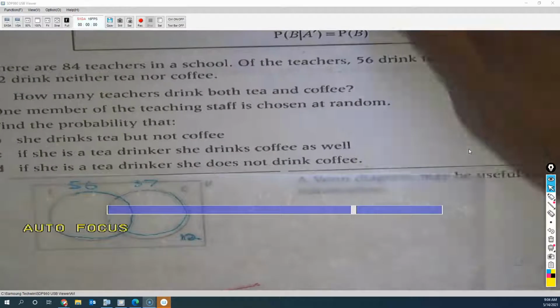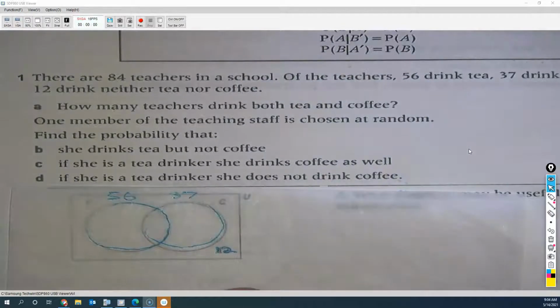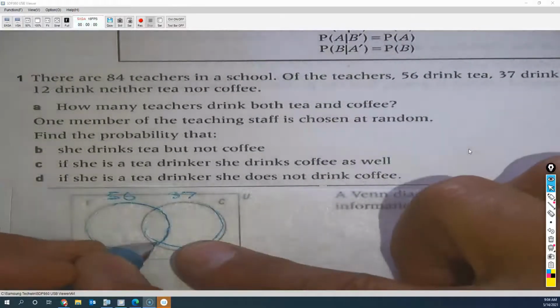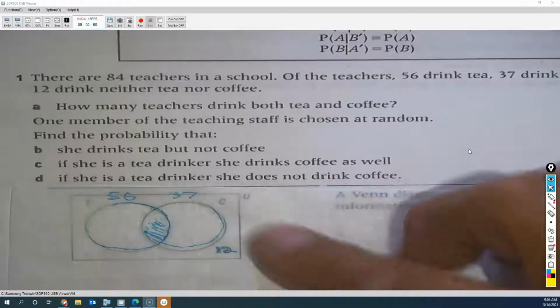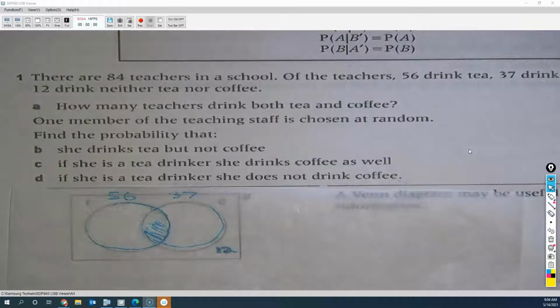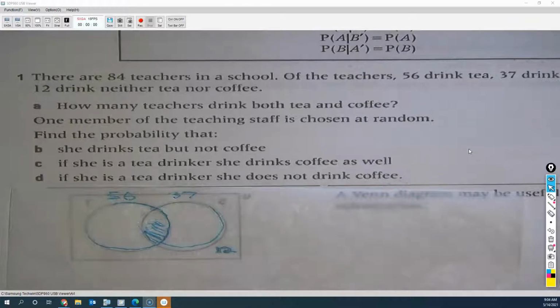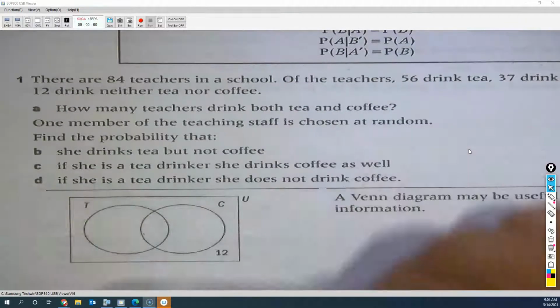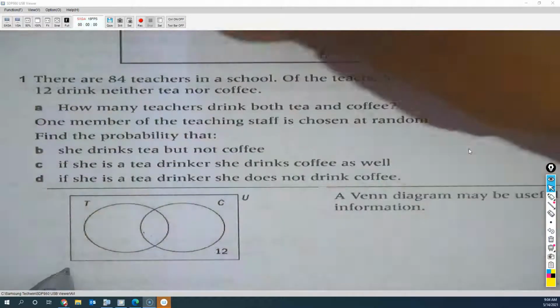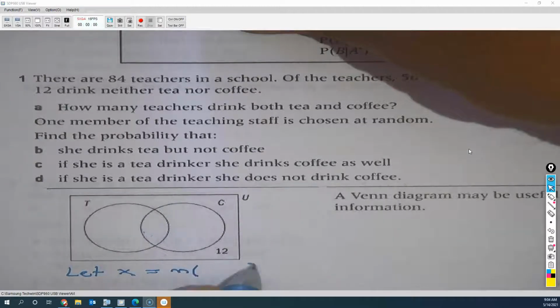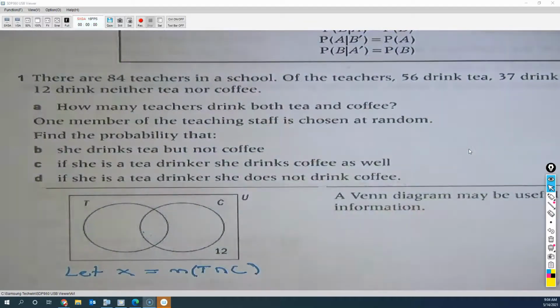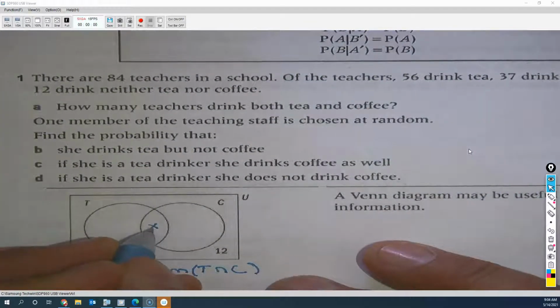So first thing we want to do is figure out how many teachers are in the intersection. We don't know, so we're going to let X equal the number of people that are in the intersection of tea and coffee. That's this right here.